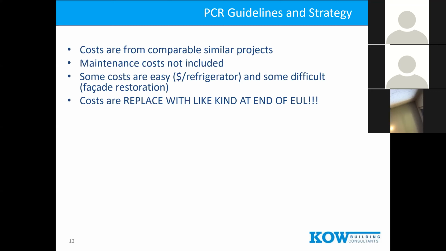Now, they might say to us on site, we're thinking about getting rid of the steam boiler and going to wall pack systems with condensers on the roof for heating and cooling. That's terrific. That's a great consideration. Heat pumps, efficient equipment, great idea. That does not belong in a property condition report, because where does it end?